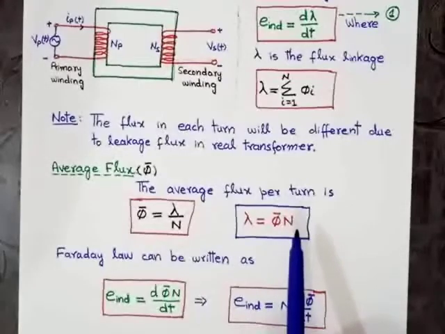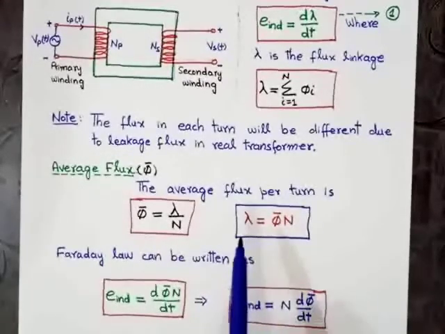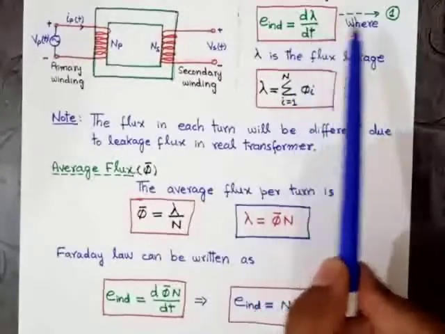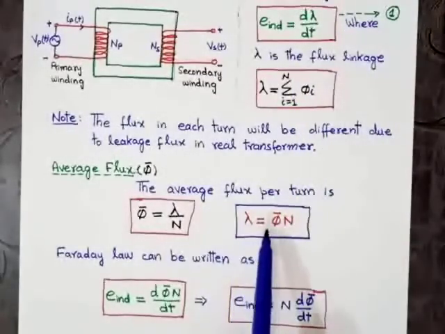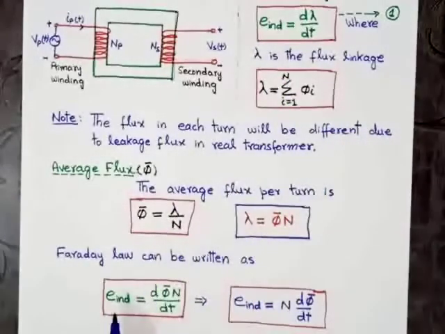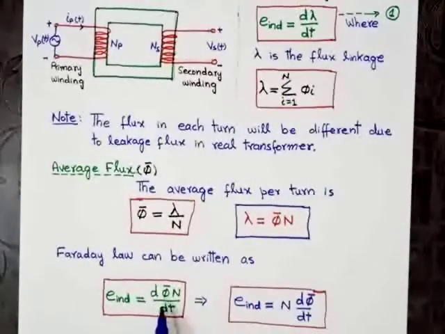Putting the value of lambda in equation number A, we get E induced equal to d of phi dash times N over dt. N is a constant, therefore E induced will be equal to N times d phi dash over dt.